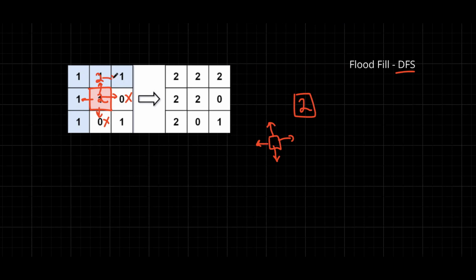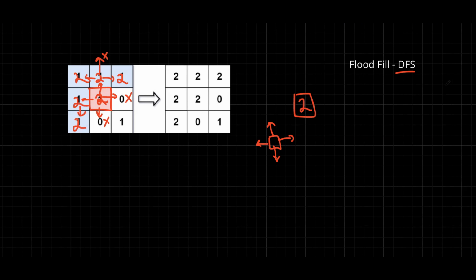From this 2, I can go right and make it equal to 2. I can go left, make it equal to 2. I cannot go up, and the down cell is already visited. From these 2, we can go left, sorry, and from this 2, we can go down and make it equal to 2.